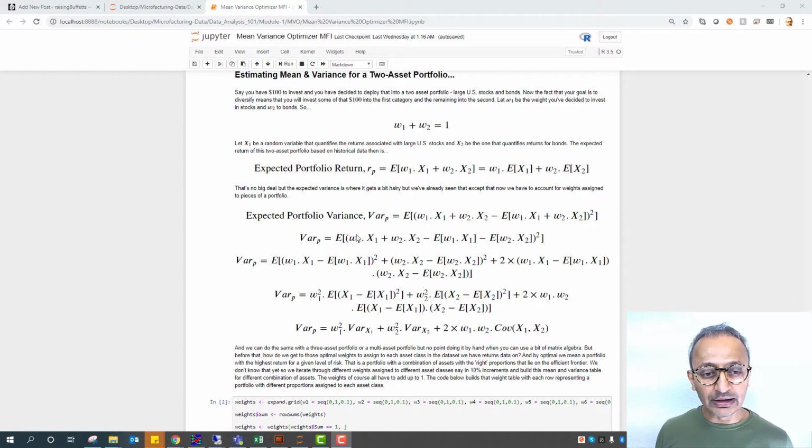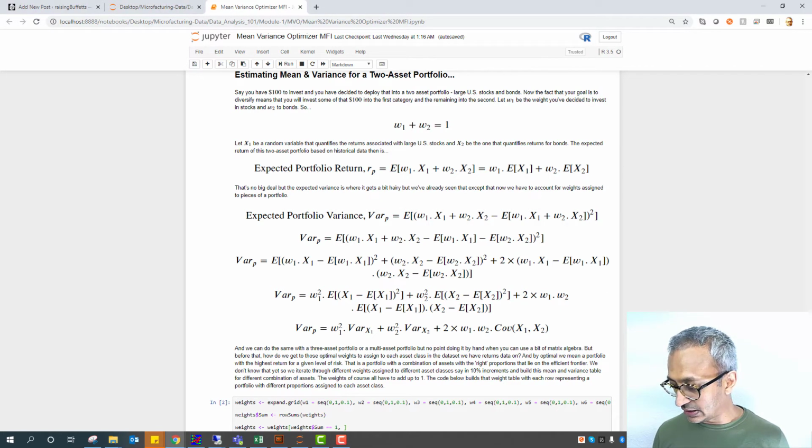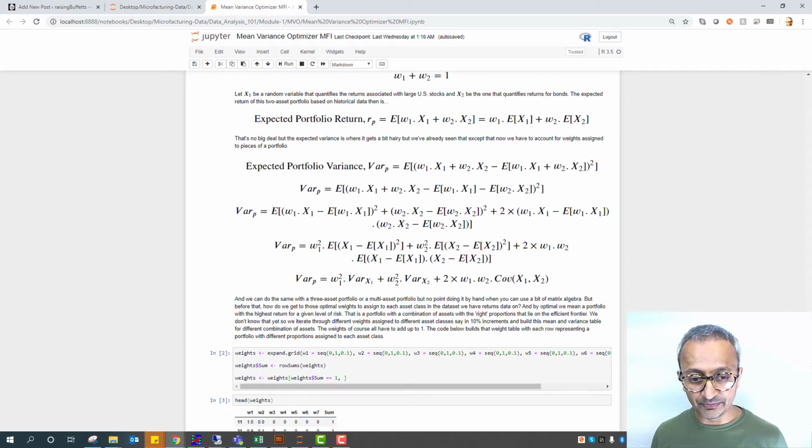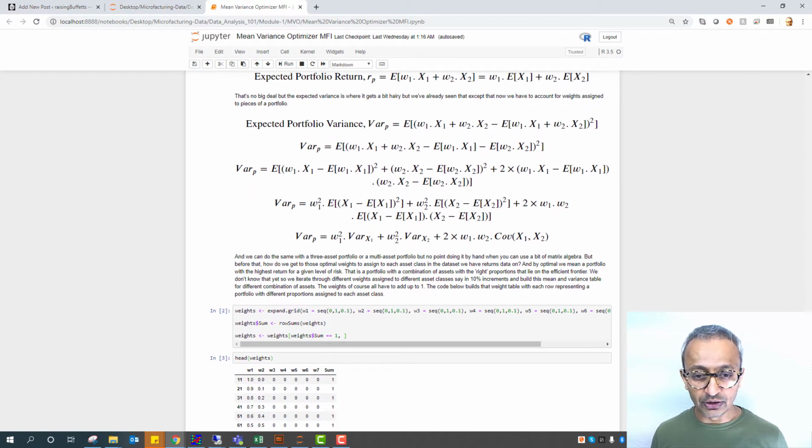Portfolio variance, as we have seen, has a formula that is a little more involved, but it's the same thing we have done in the past, except that now you have this weight component. If you work it down to the bottom, you will see that it reverts to this form.